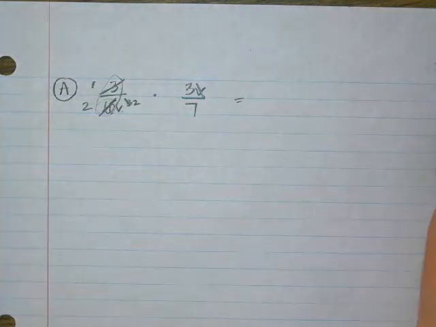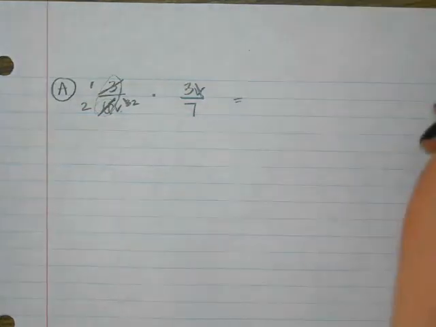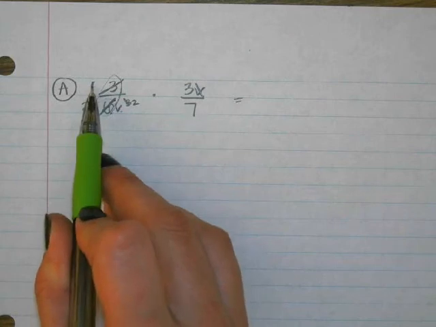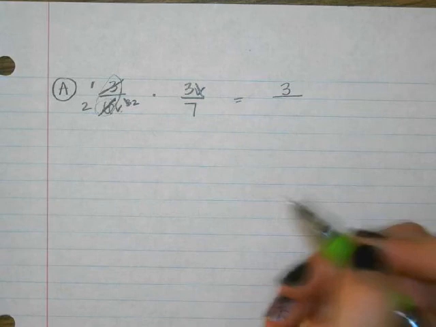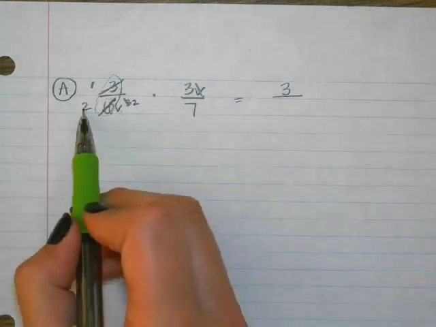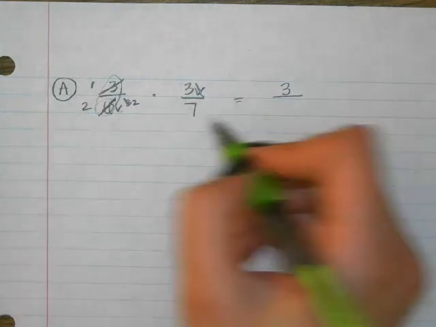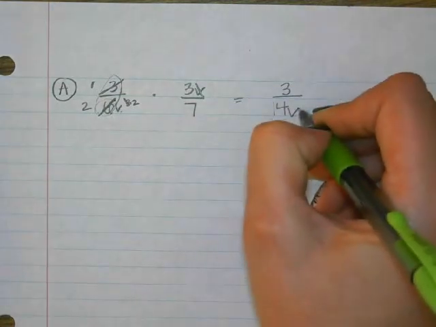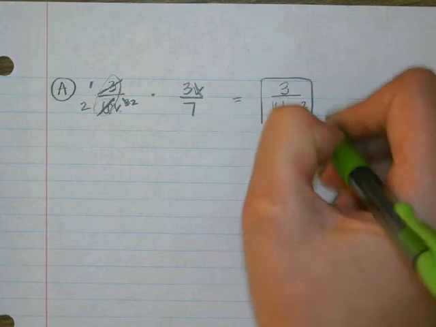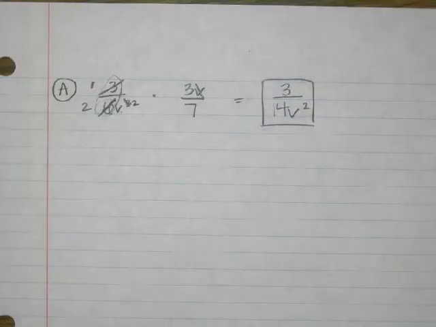How do we do multiplication? Straight across. So we have 1 times 3 is 3. And on the bottom, we have 2v squared times 7, 14v squared. All right, go ahead and look through. Tell us what card we're doing next.